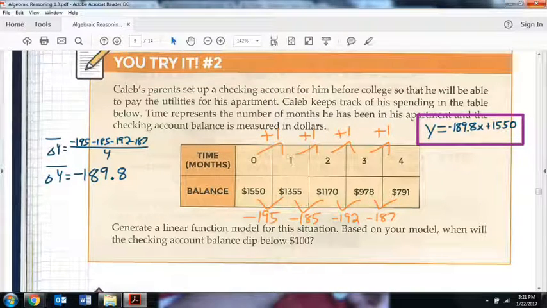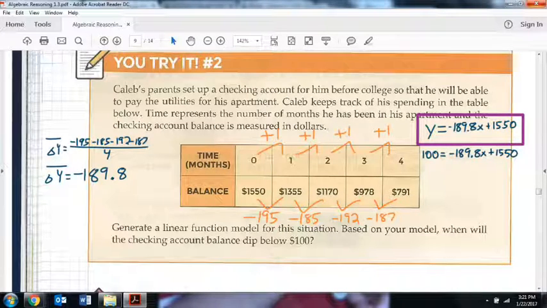Then it says, based upon your model, when will the checking account dip below $100? So, here we go. $100, is that x or y? The $100 is y because that's the balance. So we're going to put $100 in there for y: 100 equals negative 189.8x plus 1550.